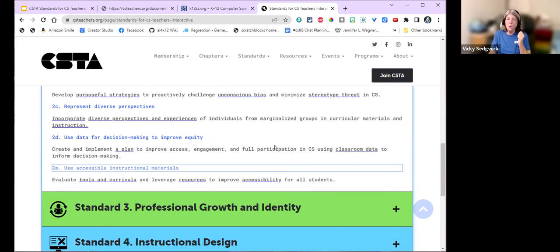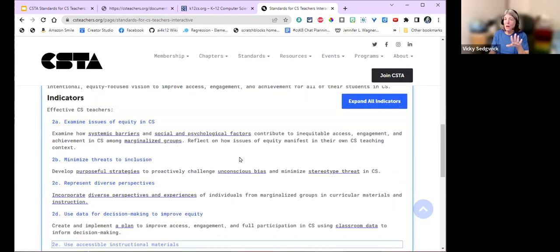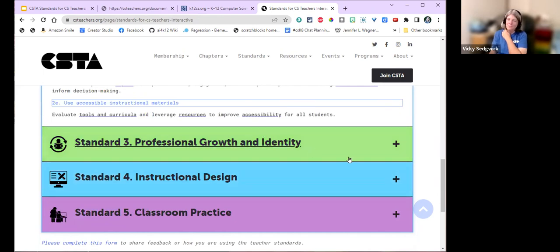So providing the tools, the curriculum, and any resources you can to combat those things that could be keeping kids out of your classes or keeping kids from feeling included in your classes is really important. So that's what this one is. And there's been a lot of PD around it, and there'll continue to be a lot of PD around it.